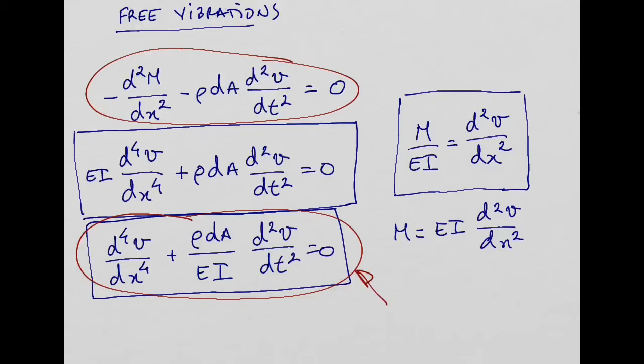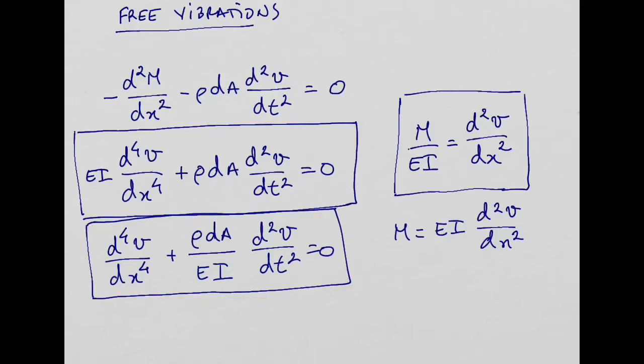We are now going to try to solve it. All right? So this is the differential equation of motion of the beam. When I say we are going to try to solve it, we are going to try to find a solution for the deflection. Deflection is changing with the longitudinal position on the beam, and changing with time.